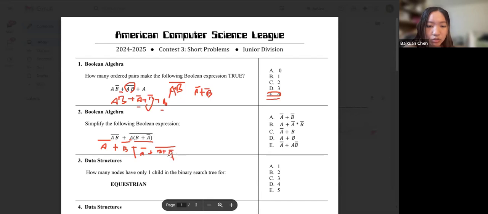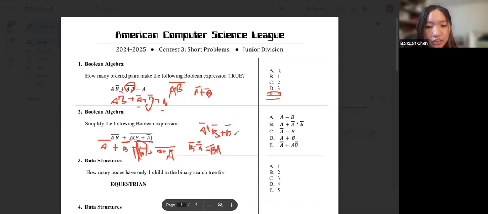And similarly to the rule that we did before, we can also turn this into a multiply instead of a plus and get rid of the overall not, so that it turns into not B times not A, which is just not B times A because not not A is just A. So then we have not A plus not B. And then we repeat a not A here, so we can just ignore that. And then plus not B A.